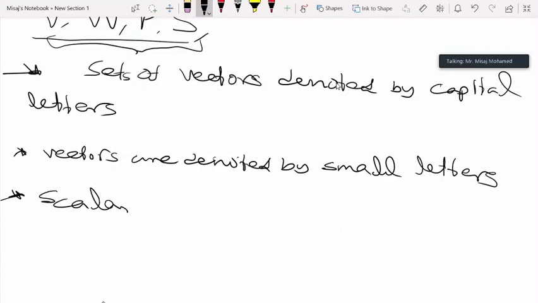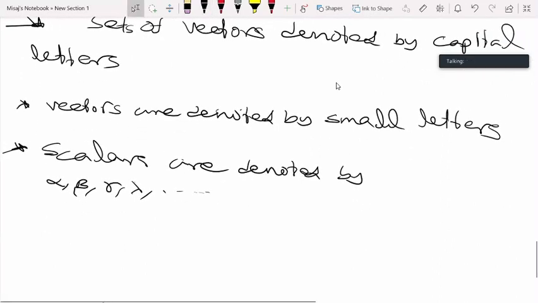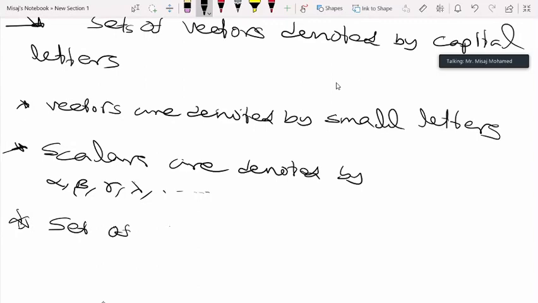Scalars are denoted by alpha, beta, gamma, lambda, etc. The set of scalars is denoted by capital F.